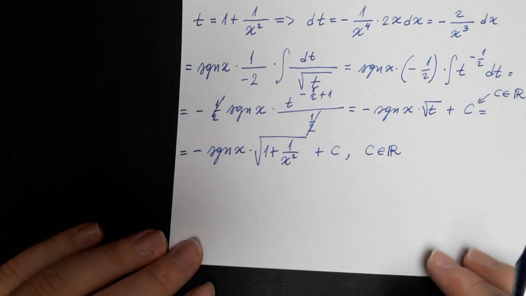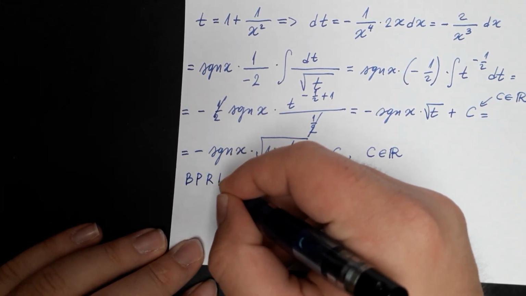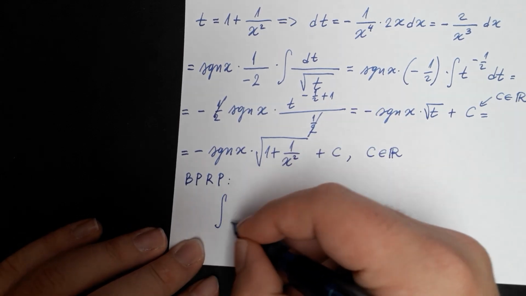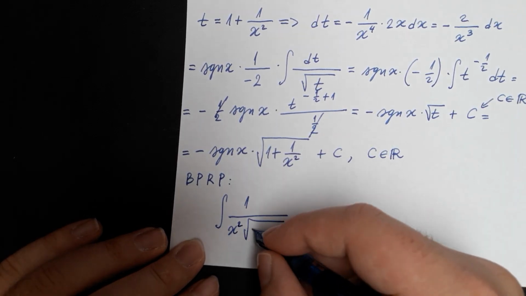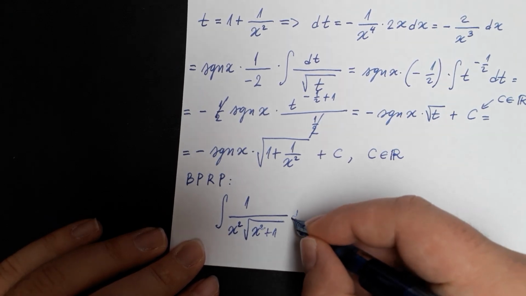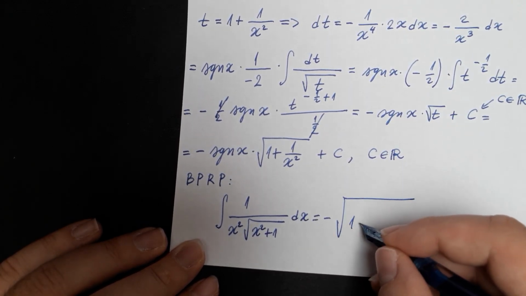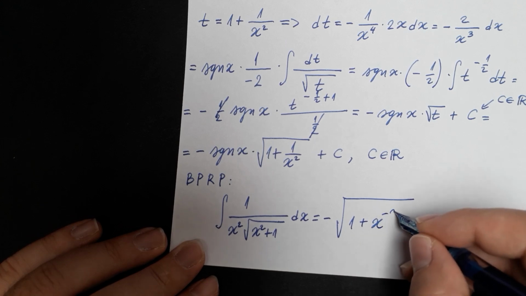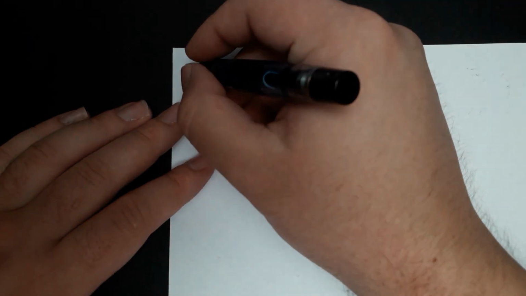Now in his video, when solving this integral, blackpenredpen got the following result: the integral of 1 divided by x squared times the square root of x squared plus 1 dx is equal to negative square root of 1 plus x to the power of negative 2 plus C. So the difference between my solution and his is this.